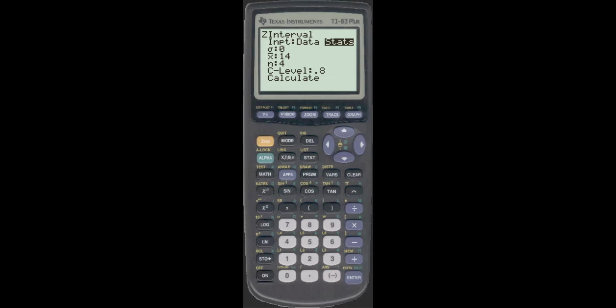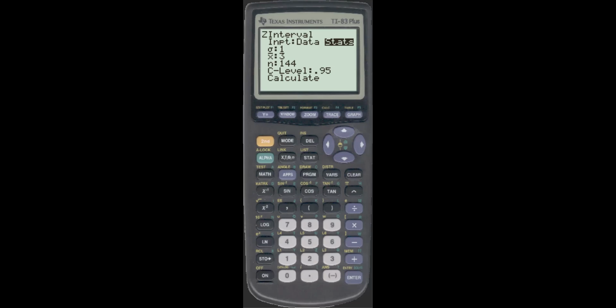Sigma is 1. X bar is 3. N is 144. Your C level is 0.95. Okay, yeah, it did change. 2.836 to 3.163. Great. Let me just snip these in case you want to look at that later.